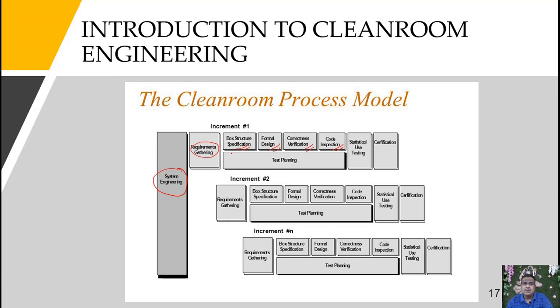All these phases lead to test planning, then statistical use testing and then certification. This is increment number 1. Likewise, increment number 2, up to increment number n. So this is the cleanroom process model.